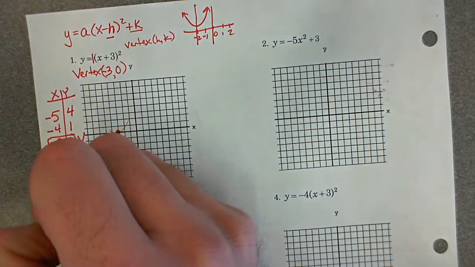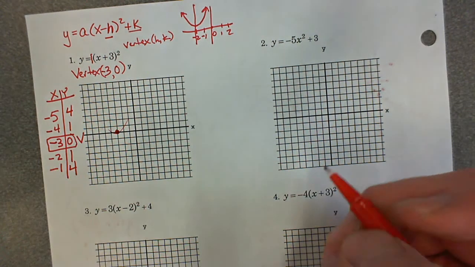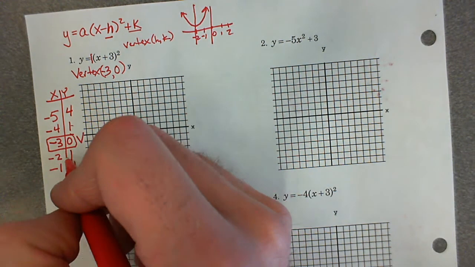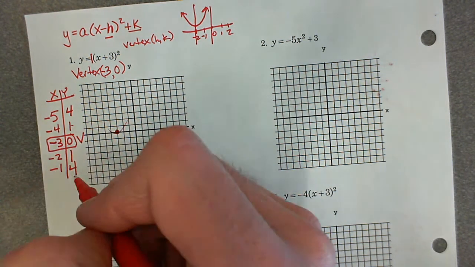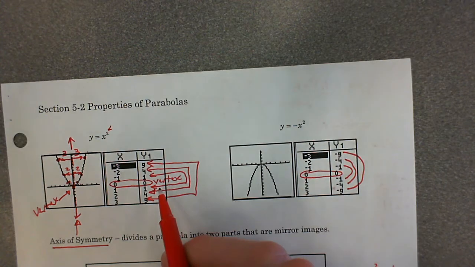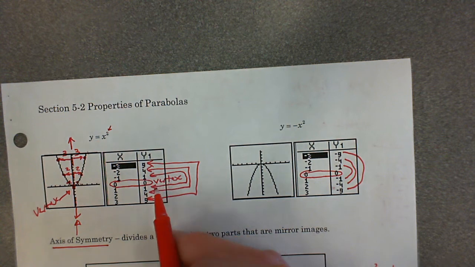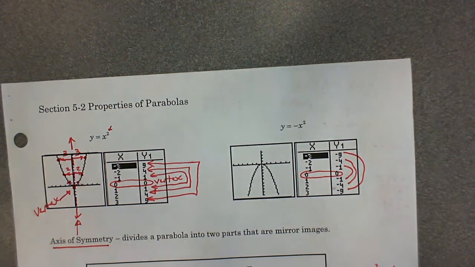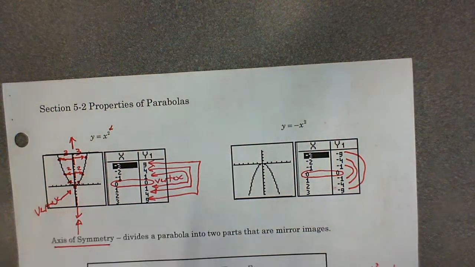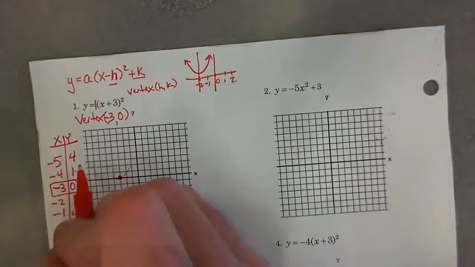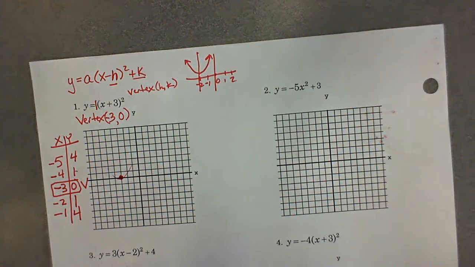2 squared is 4. And you should notice here that the y values pair up again, just like they did when we went over these notes earlier. All the y values pair up. On each side of the vertex, they all pair up. It goes 1, 4, 9, 1, 4, 9 on each side. So on this, we got 1, 4, 1, 4. They pair up.